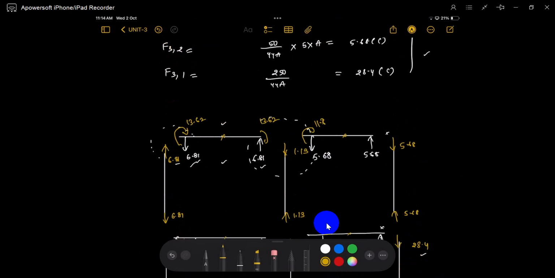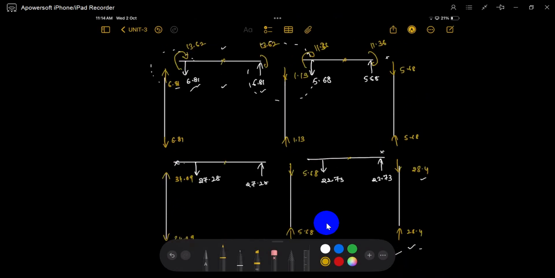Here it's 27.28 multiplied with 2, 54.56. Here it's 22.73 multiplied with 2, 45.46.